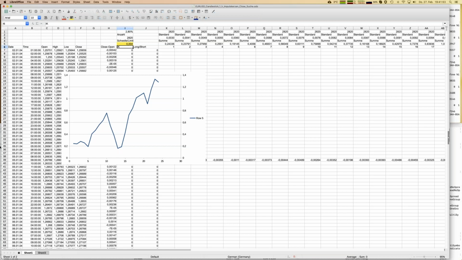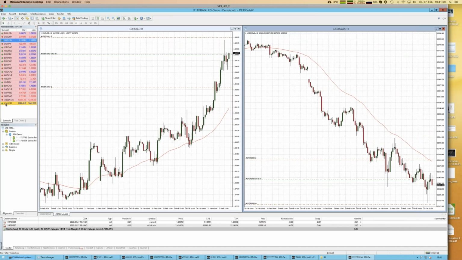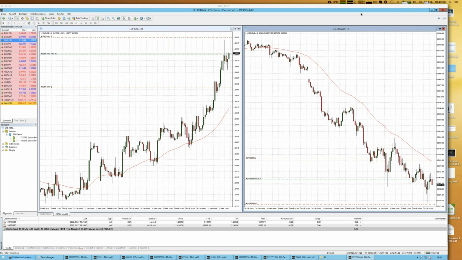But now let's transfer our knowledge and go back to the chart, because I promised you will learn one short trick. But first of all, of course, I look at my 2 trades and I see, okay, overall I've earned some money here.